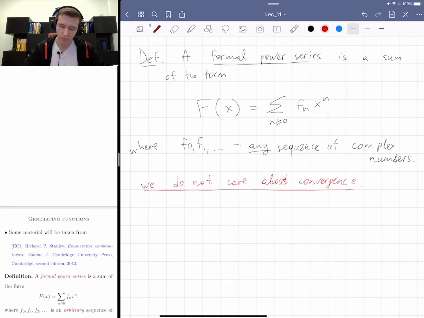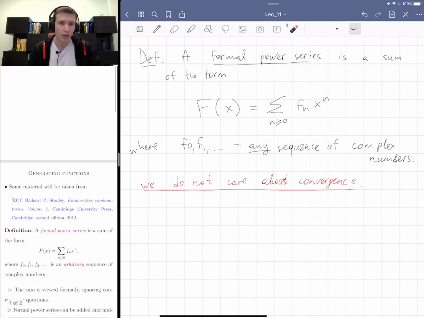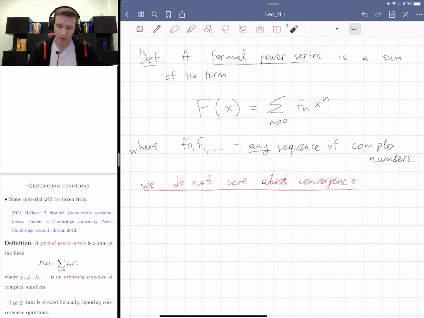In other words, formal power series are just another way of writing down any sequence of complex numbers. It's just another way of recording the same information. So far it's pretty stupid.